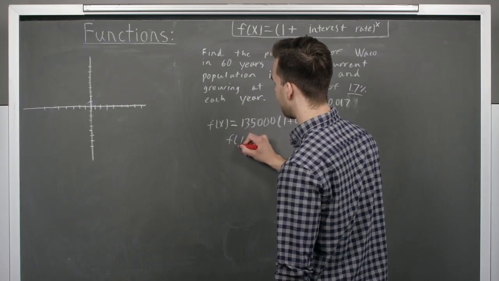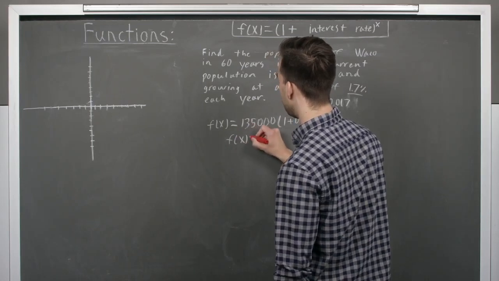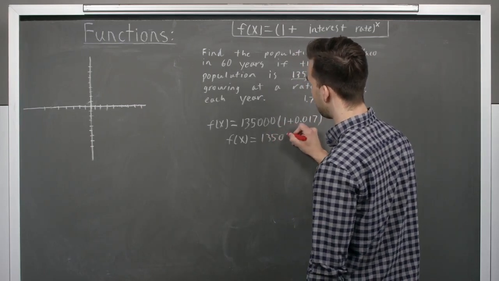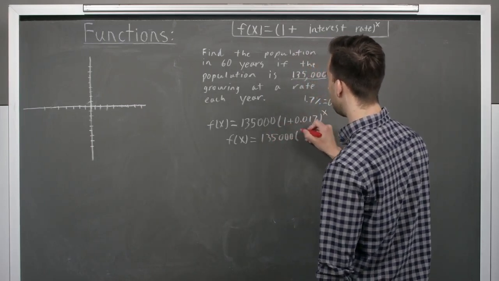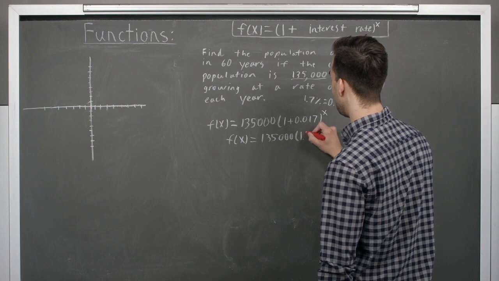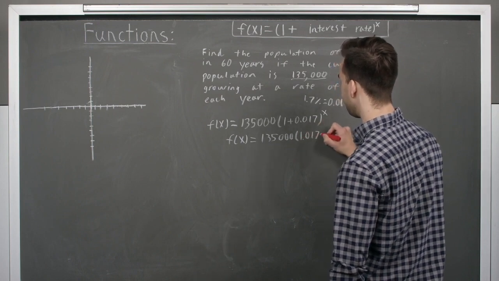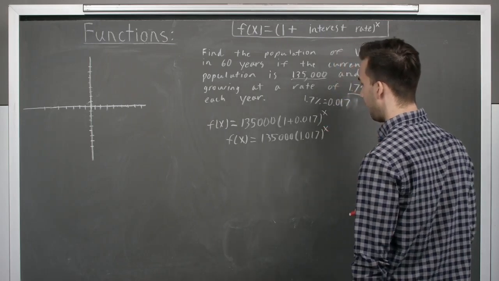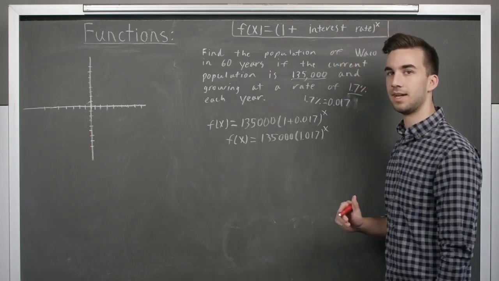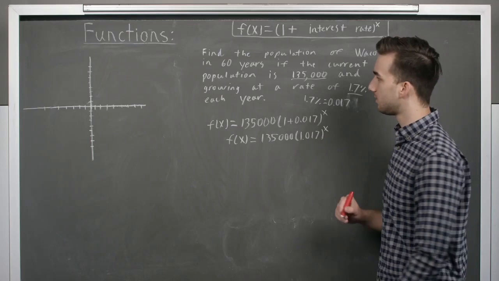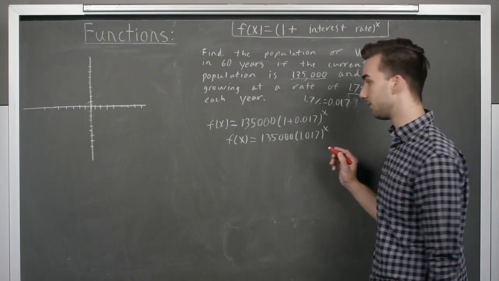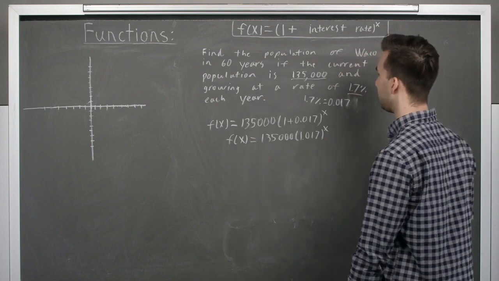F of x is equal to 135,000 times 1.017 to the power of x amount of years. And so if we want to find the population in 60 years, we just plug it in for our x value.